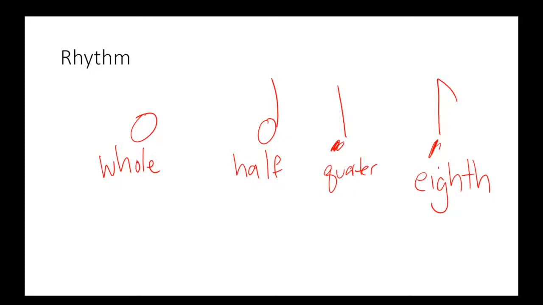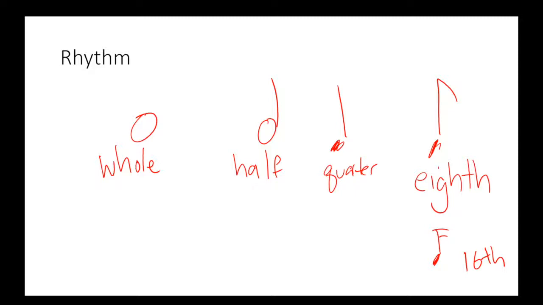So these can sort of expand and contract in either direction. You can have notes that are longer than a whole note or shorter than an eighth note, such as a 16th note. But these are some of the most common ones.